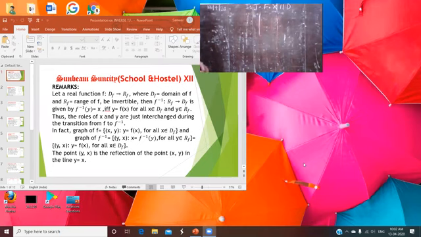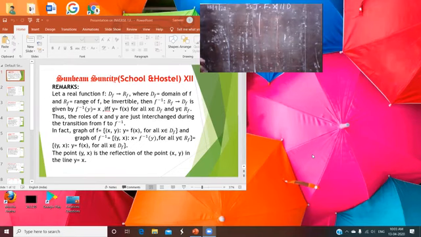And for an onto function, if the codomain and the range are the same, then it is onto. So first of all, we have to build up the concept of the invertible function, and then one by one discuss all the trigonometric functions and check whether they follow the conditions of an invertible function or not.